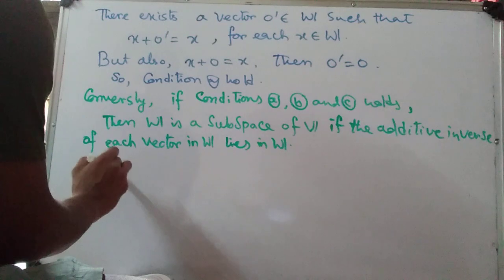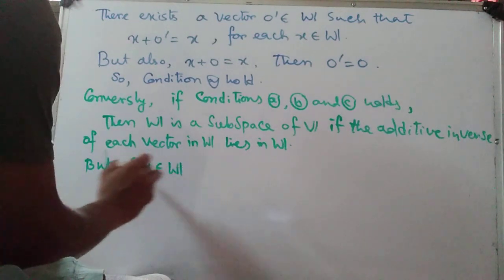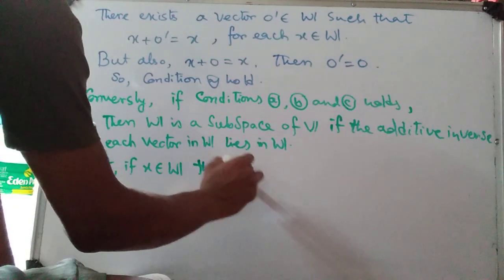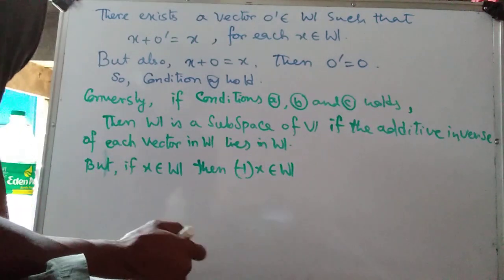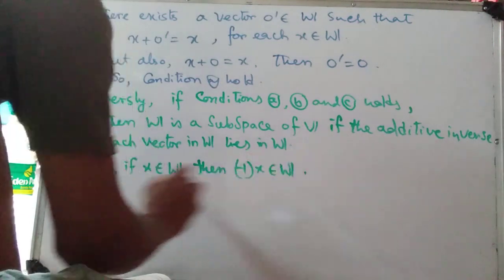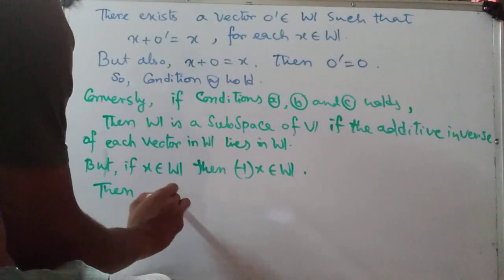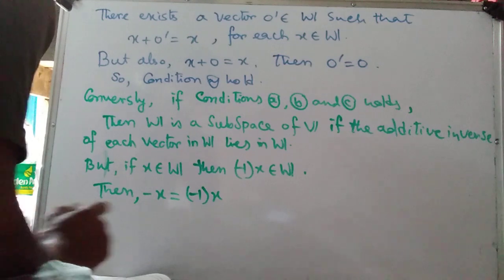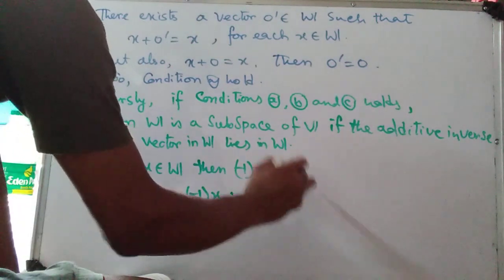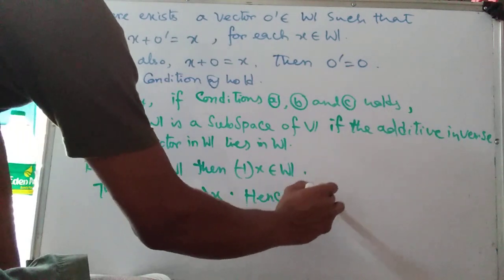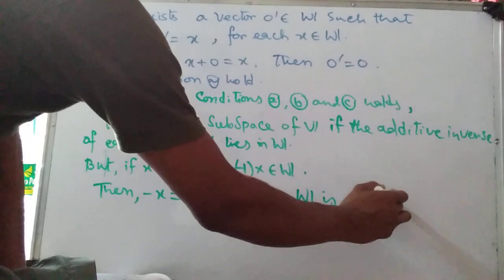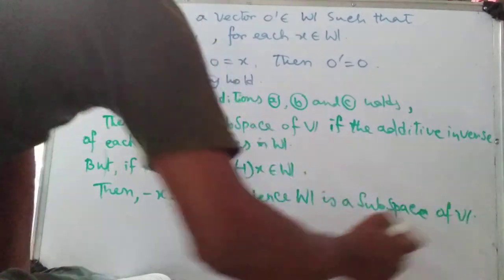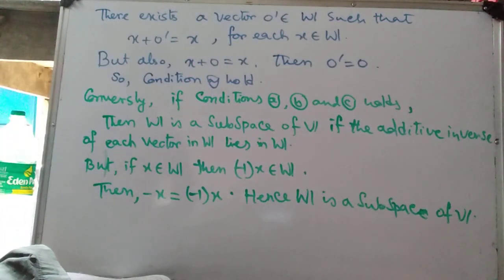If x belongs to W, then minus 1 times x belongs to W. Then minus x equals minus 1 multiplied by x. Hence W is a subspace of V.